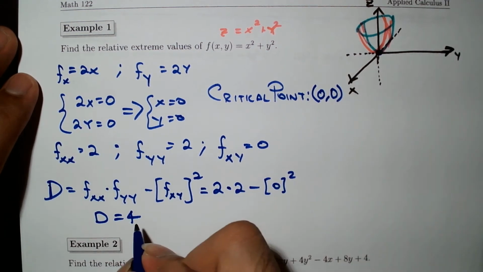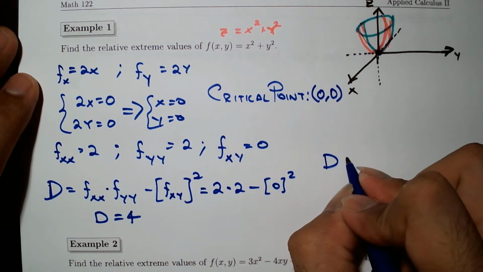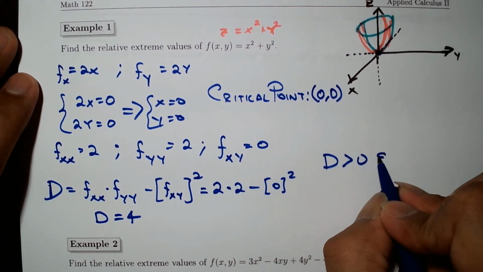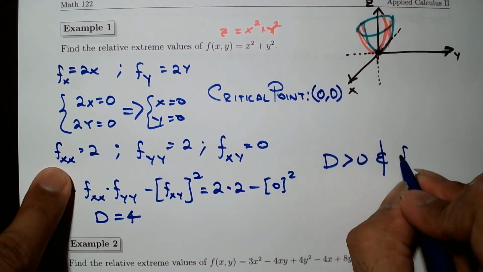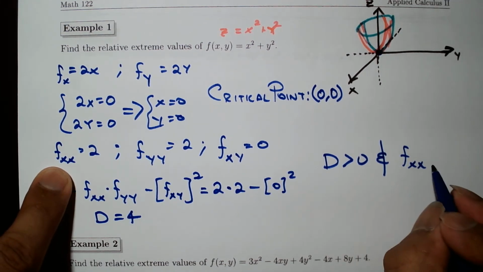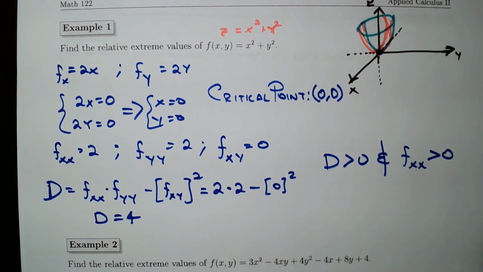So we notice that D is greater than 0 because it's positive, and also fxx, the second derivative with respect to x, is a positive number. So at the end, that is what we look for.